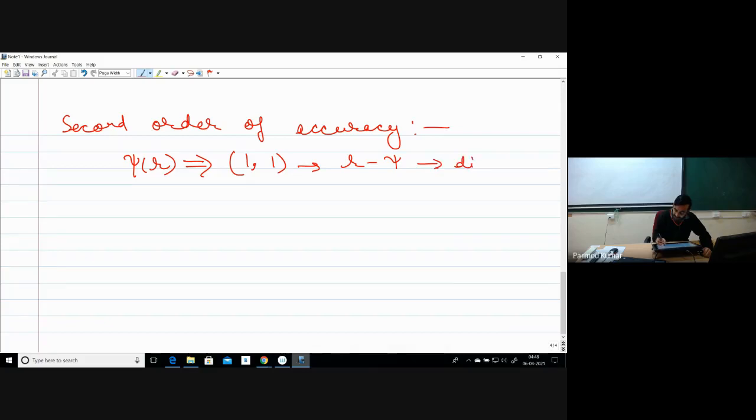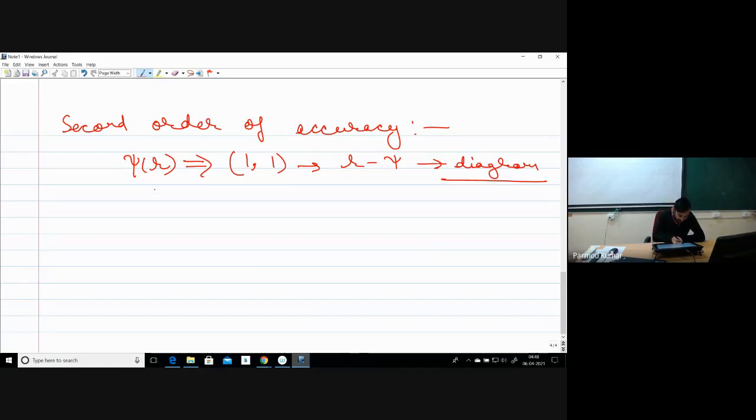So this is another condition imposed by Sweby to ensure the order of accuracy: to always ensure second order accuracy, our psi function must pass through the point (1, 1).